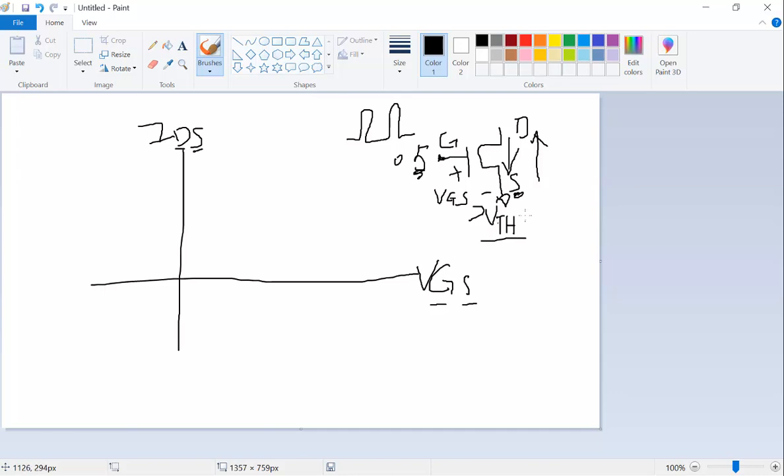It doesn't have to be fully on, because VTH is only 0.8 volts for this technology. So if you give 5 volts, it's pretty much fully on. But if you only give like 1 volt, it is still on, but only has a small current flowing from top to bottom. So for VGS versus IDS, the IV curve looks like this, and here is the threshold voltage.